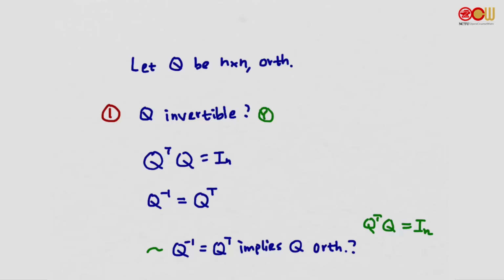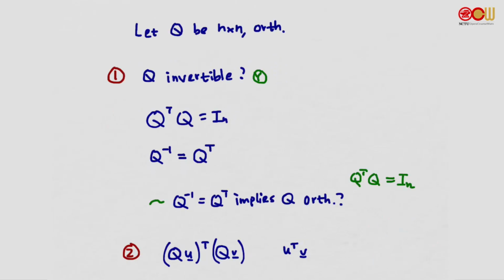So indeed, it implies Q is orthogonal. When Q is an orthogonal matrix, there is a special property about the dot product. The dot product of QU and QV is related to the dot product U transpose V in a very simple way.